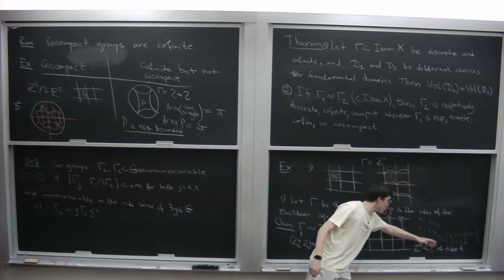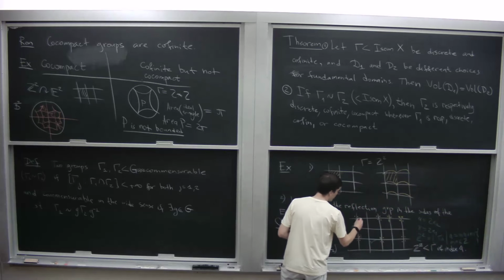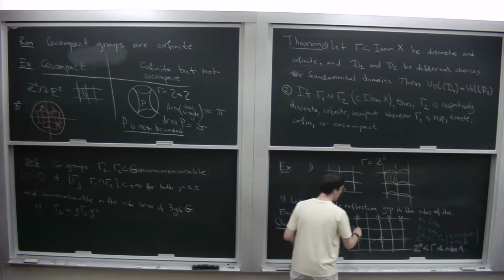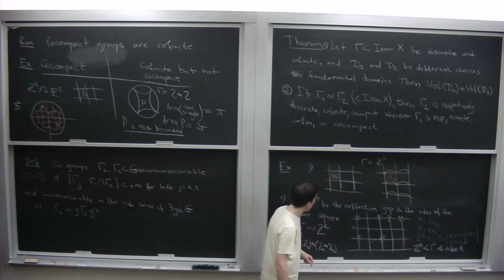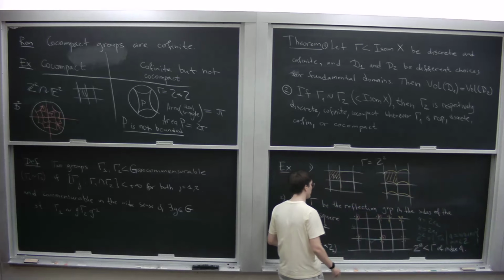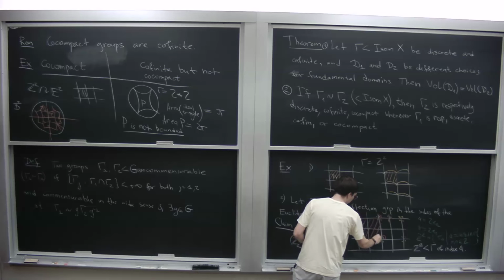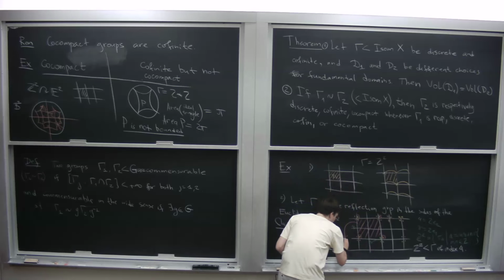Z squared is generated by such translations. So I'm taking one reflection and another. This is my orbit with respect to Z squared. Then this is my element from the orbit. These are the elements from the orbit. So it seems to me that the fundamental domain for Z squared is this large square. So it's the fundamental domain for Z squared.